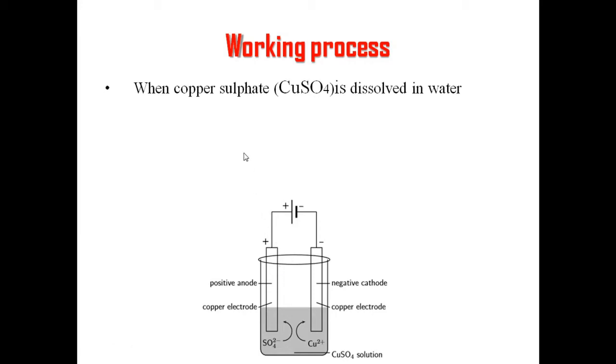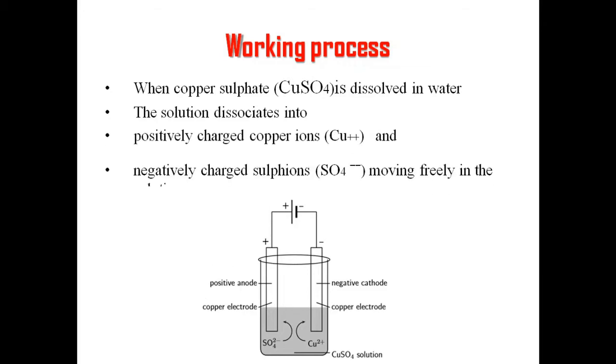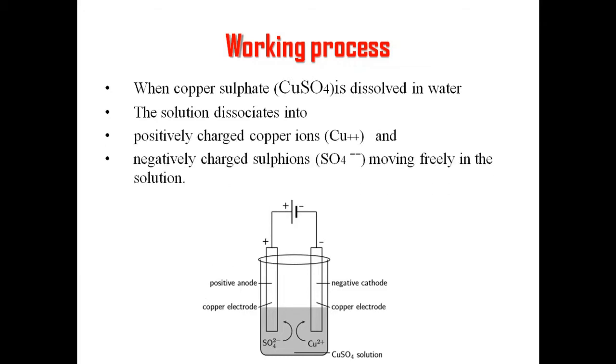When copper sulfate is dissolved in water, as I already told you, it becomes copper sulfate solution, and we give a DC supply. This solution will dissociate into two charges: positively charged copper ions and negatively charged sulfate ions. You can see it here.